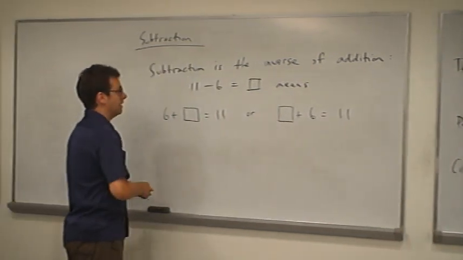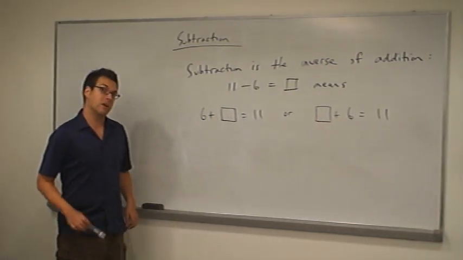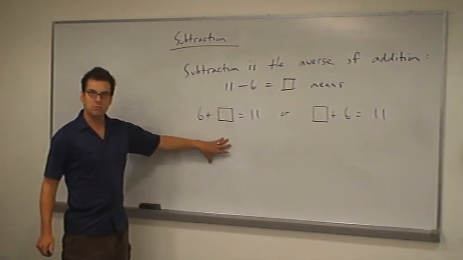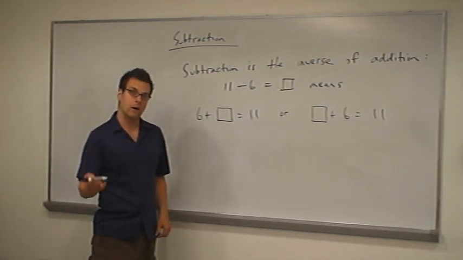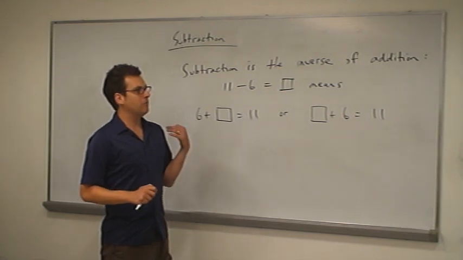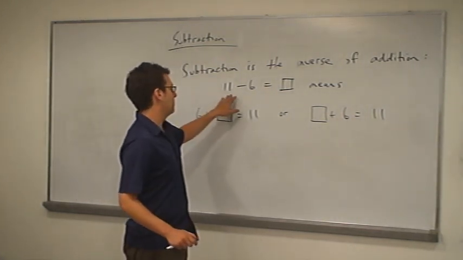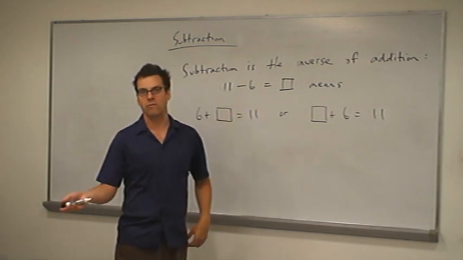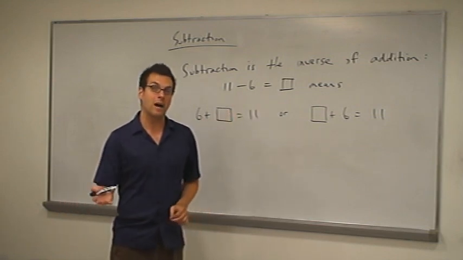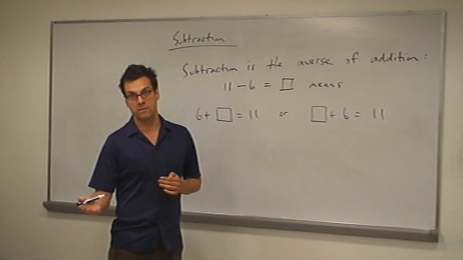But you'll notice that it's a good thing I didn't erase the definition of subtraction, because it can actually help us with computation. Think about if a student just learned subtraction by takeaway and they were thinking of 11 minus 6 as taking 6 away from 11. That doesn't shed any light on what the actual answer to 11 minus 6 is.